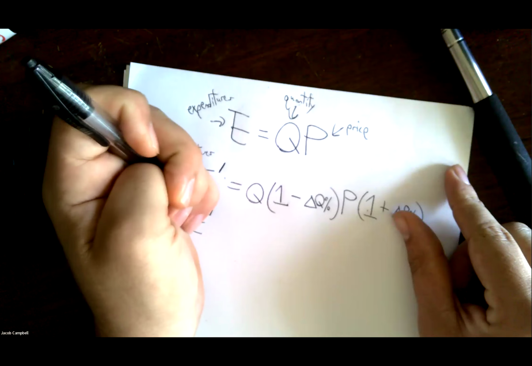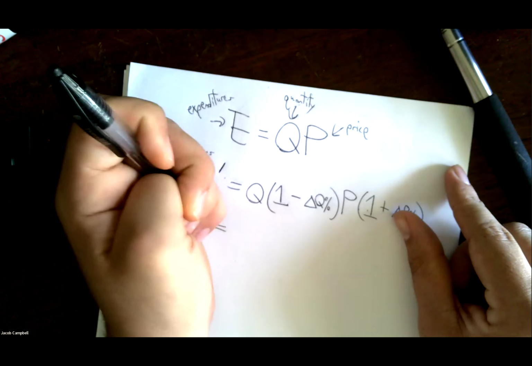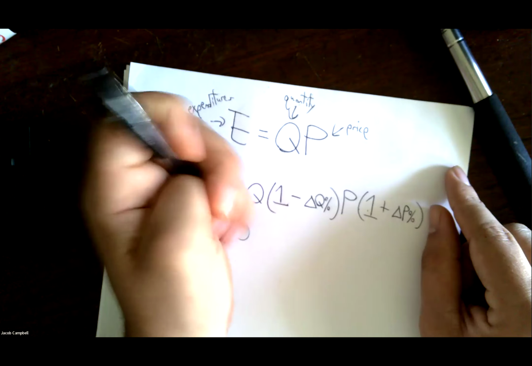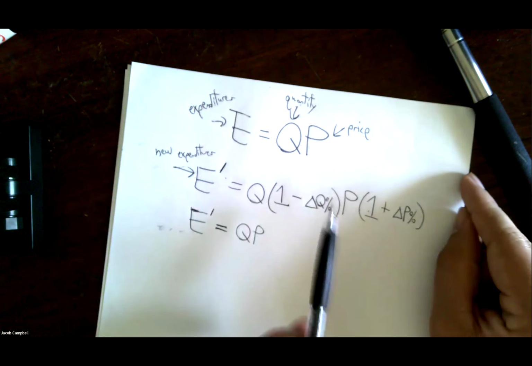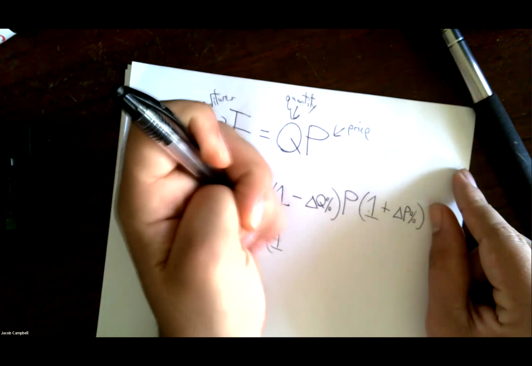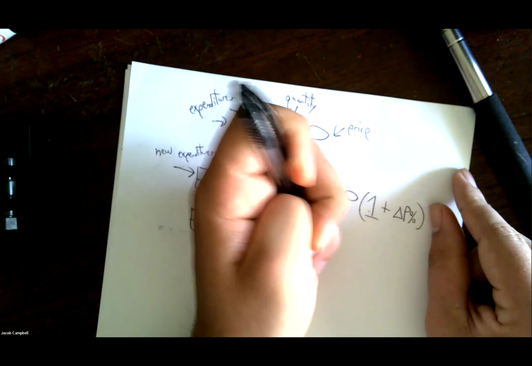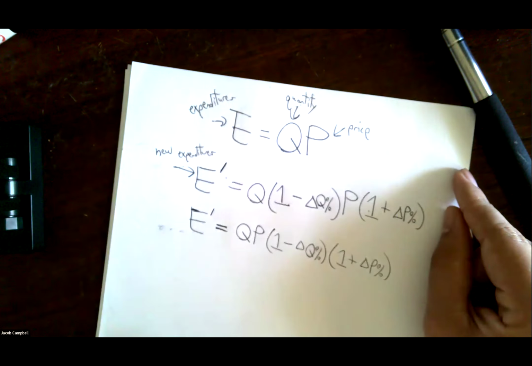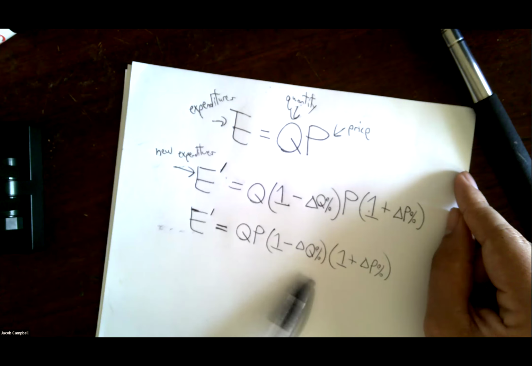Now, using our typical properties of arithmetic, we can rearrange this. So we'll pull the P over to be next to the Q, and then we'll just multiply these two expressions by each other.